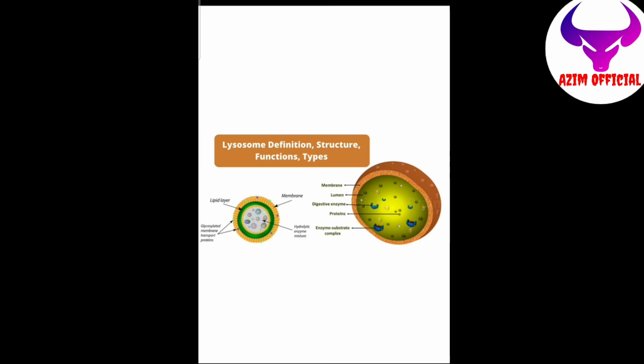Ribonuclease, the substrate of which is RNA. Okay, deoxyribonuclease, what is the substrate of deoxyribonuclease? DNA. Yes. What is the substrate of phosphatase? Phosphate ester is the substrate of phosphatase. Okay. What is the substrate of glycosidase?